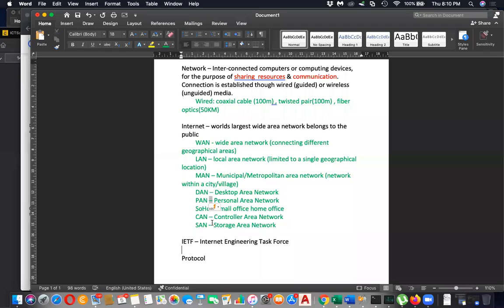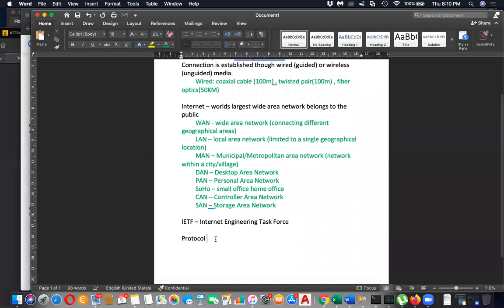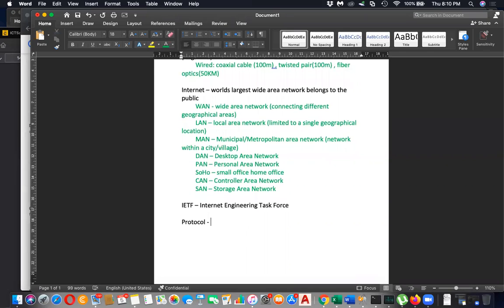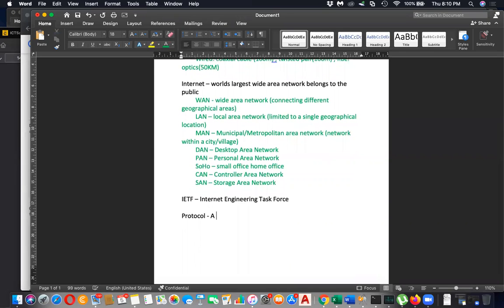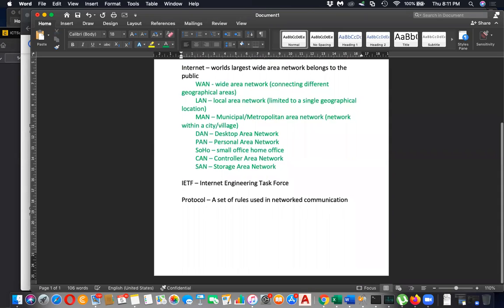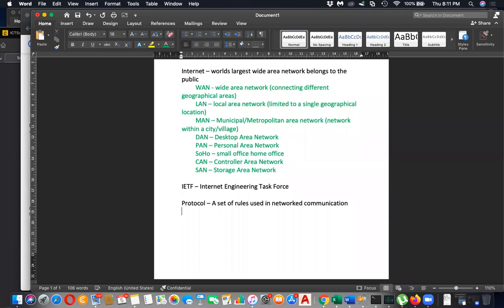So then the next thing is we have to learn protocol. Protocol is simply a set of rules used in network communication. What we are doing now is network communication.